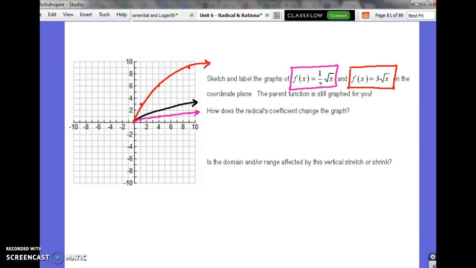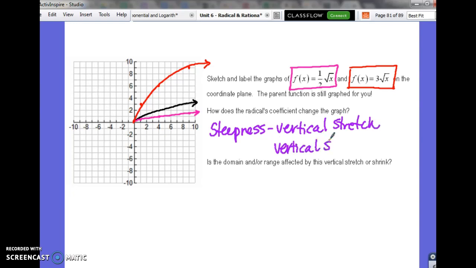So how does the radical's coefficient change the graph? The steepness, or the vertical stretch, the vertical shrink changes.